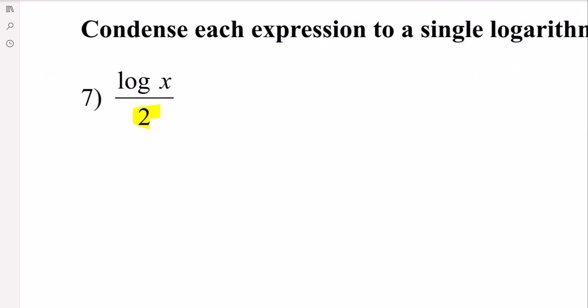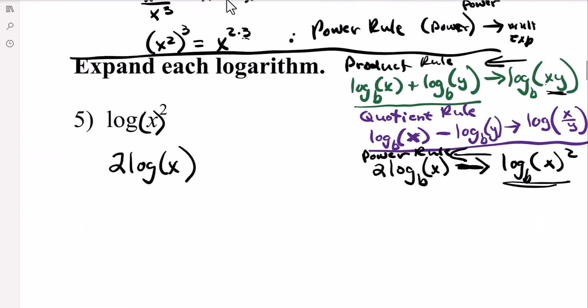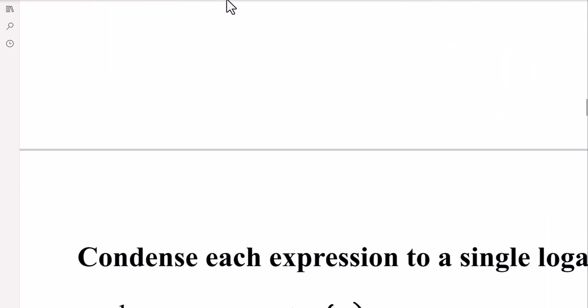Now, this says divide 2. Just rewrite this as 1/2. And then look at, we've got a number being multiplied. Well, we did that a second ago. We had a number being multiplied, and that number being multiplied could have been rewritten as an exponent. So that's what we're going to do here.